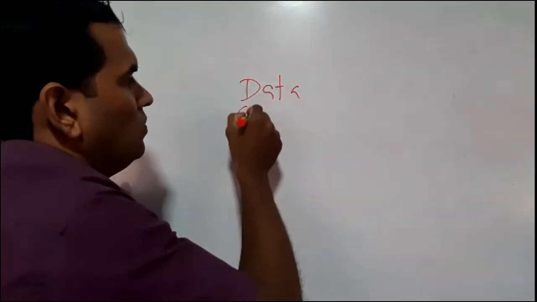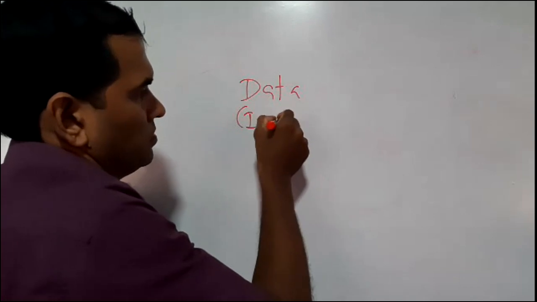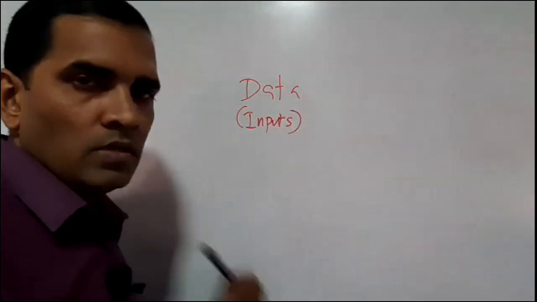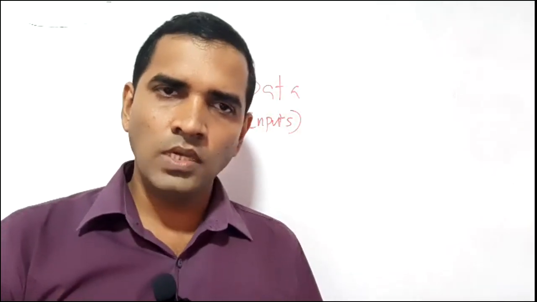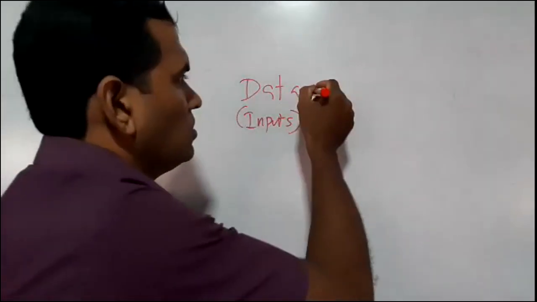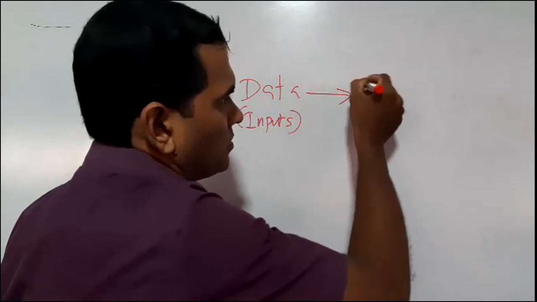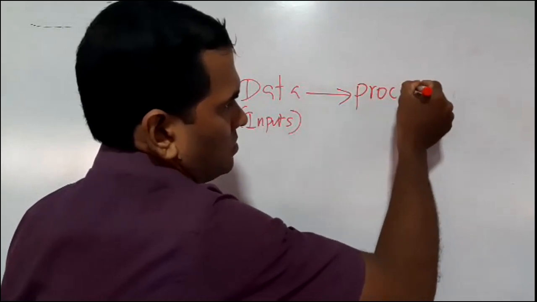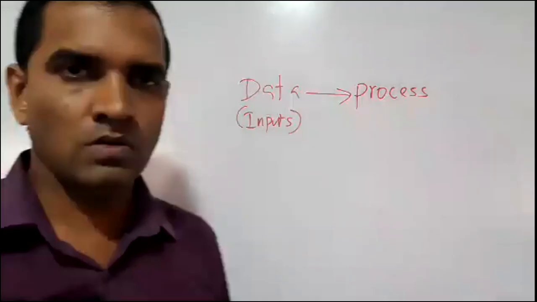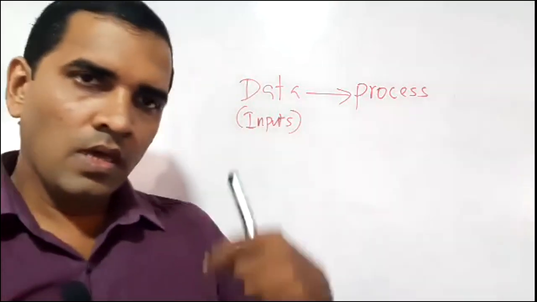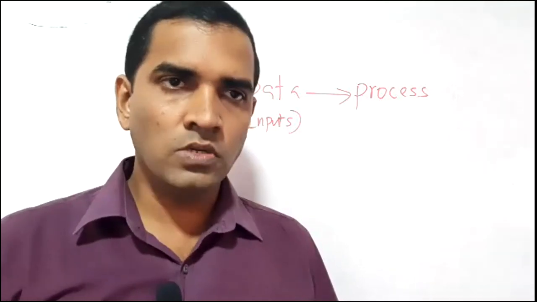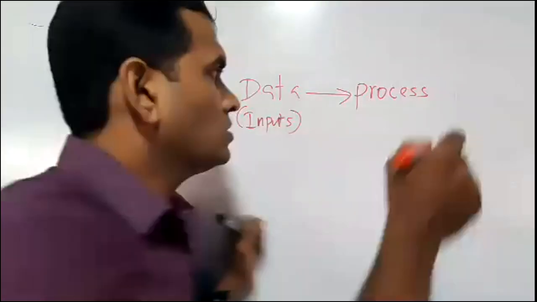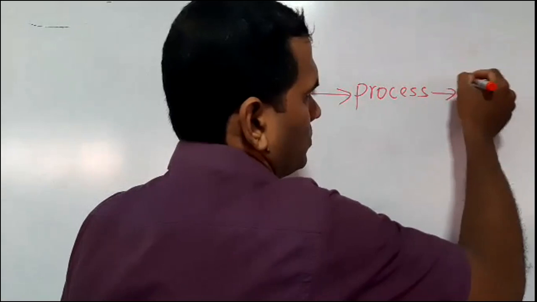Data are always inputs. So then what happened? These data were involved in processes. So data must be involved in a process. As a result of the process, you got the output that is called information. So here it must be information.